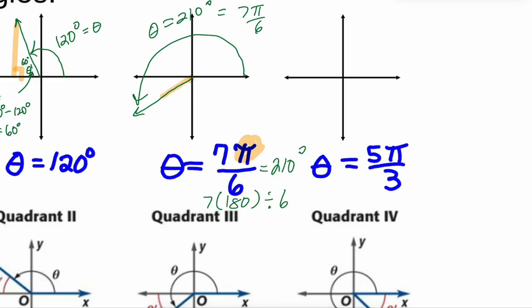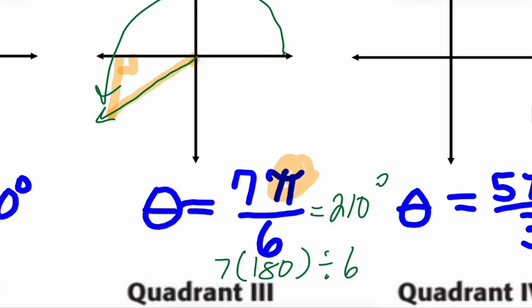Our triangle is here. So our theta prime is going to be 210 minus 180. So in the triangle, we're actually going to have 30 degrees. Now, let's go back to radian measure.